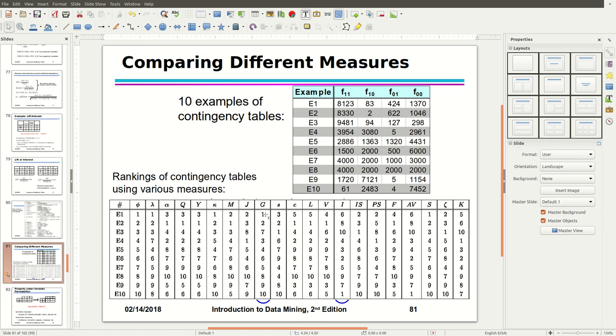What is interesting is, for instance, if you take E10, example 10, here this is your example right there, and these are the support or count values. While in one index it may get a mark of 10, in another one it may get 1.